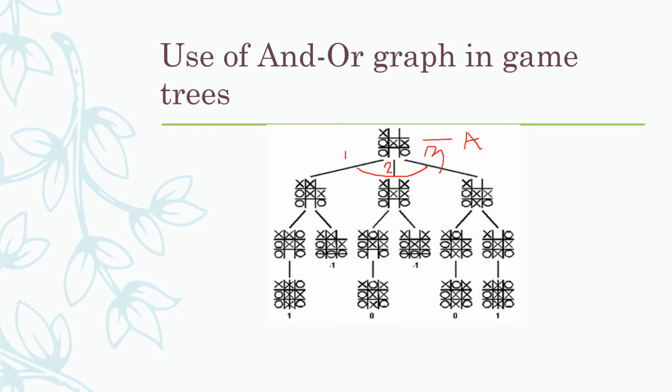These are connected by OR, and if he gives this move, he has to think that player B can give these two moves. So these three moves, 1, 2, 3, these are OR to A, and these two moves, that is 4 and 5, these are AND to A. So this is OR, and this is AND.